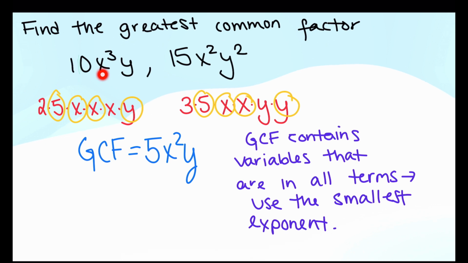We have an x to the third and an x squared, so I choose x squared. I notice y is present in both terms. We have a y to the 1 and a y squared. I choose the one with the smaller exponent. So y is part of my GCF.